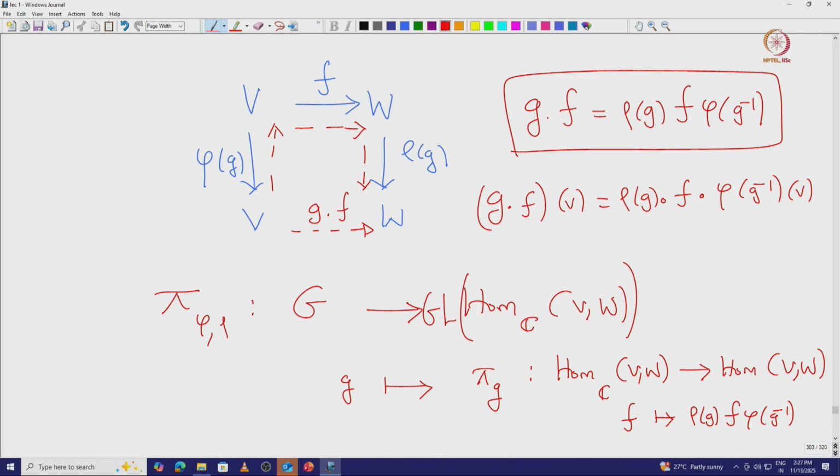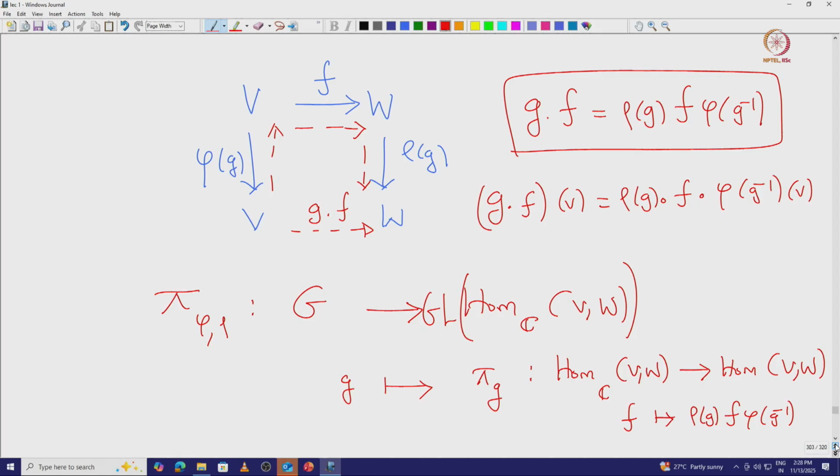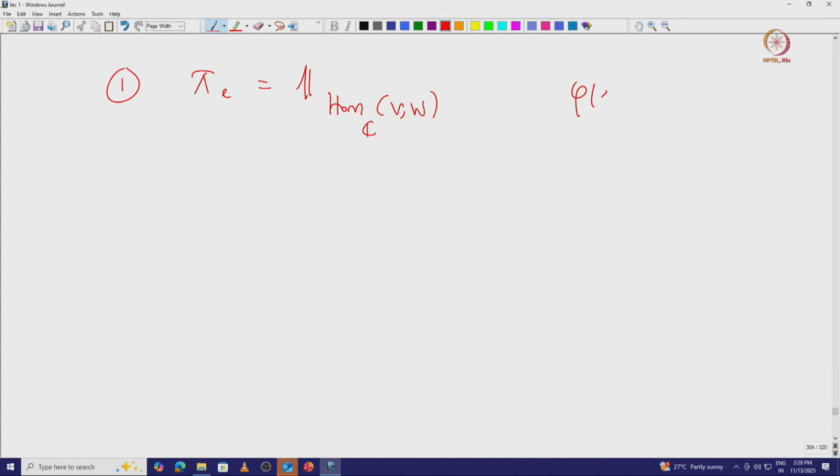It is easy to see that pi of identity is just the identity on the Hom space, because both rho of e and phi of e are identity maps. So that implies that pi e of f is exactly f.